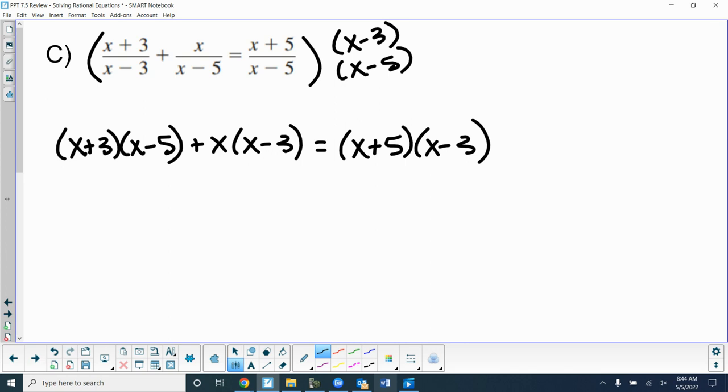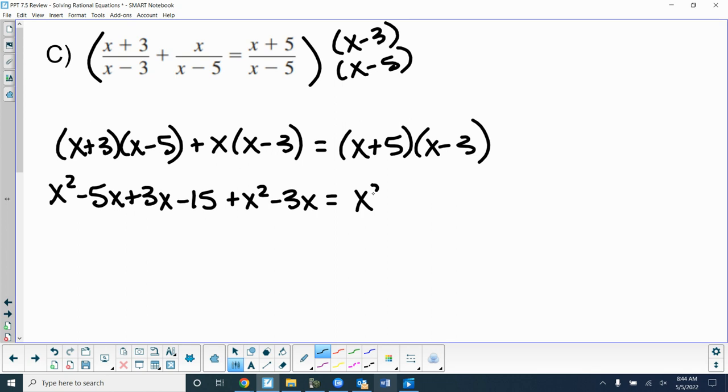So when I FOIL, I get x squared minus 5x plus 3x minus 15. Distribute, I get plus x squared minus 3x. FOIL: x squared minus 3x plus 5x minus 15. Okay?